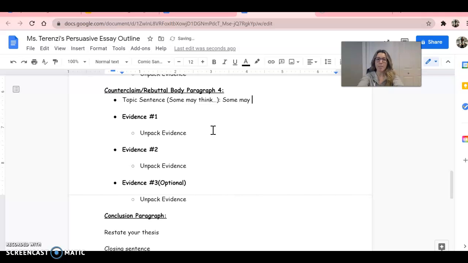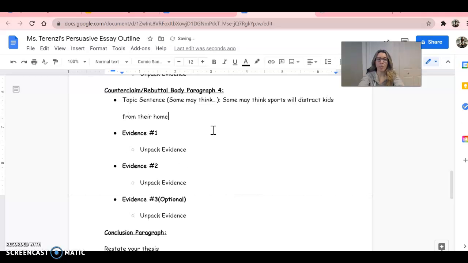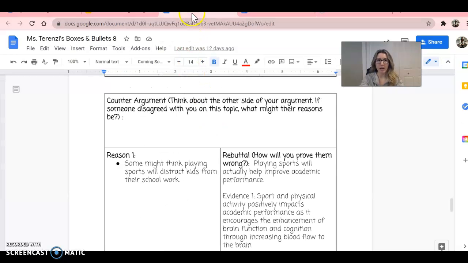I'm going to start off with some may think sports will distract kids from their homework. But, now this is where you want to continue on, but playing sports will actually help improve academic performance.